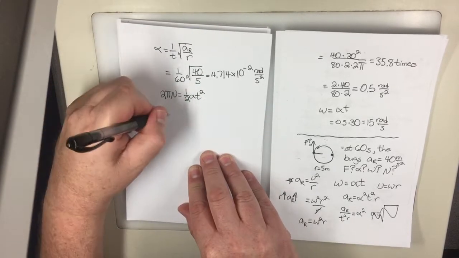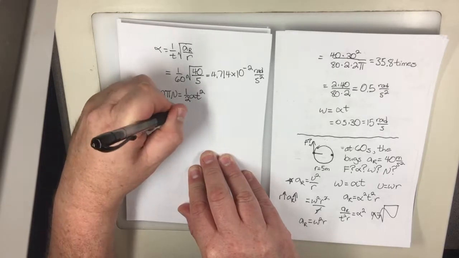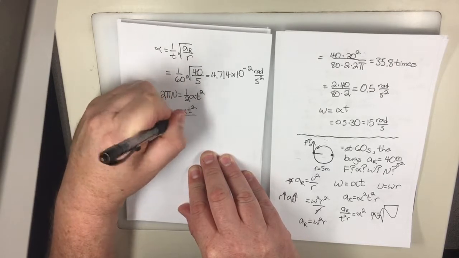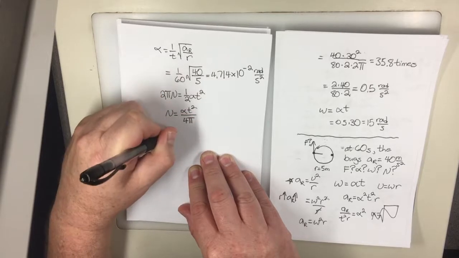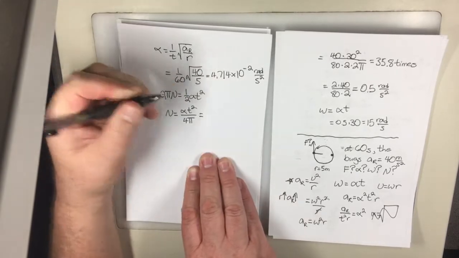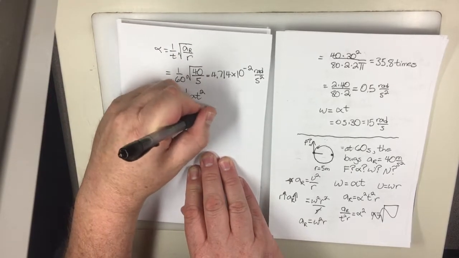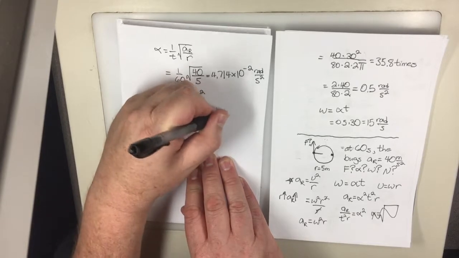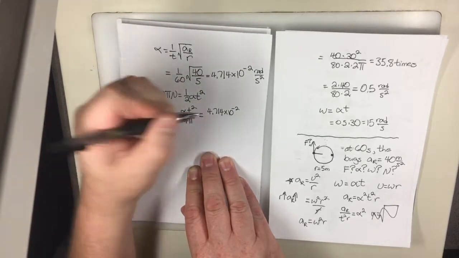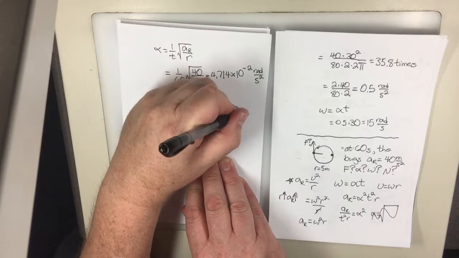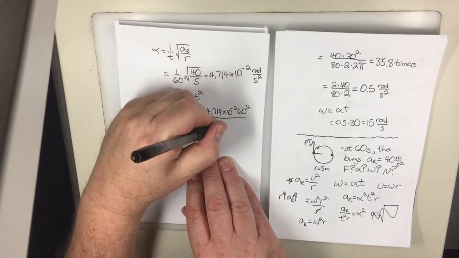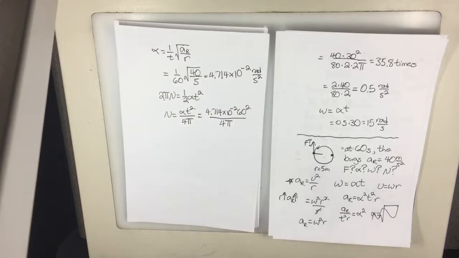I could solve for n. N is alpha t squared over 4 pi, which means this is 4.714 times 10 to the negative 2 times 60 squared over 4 pi.